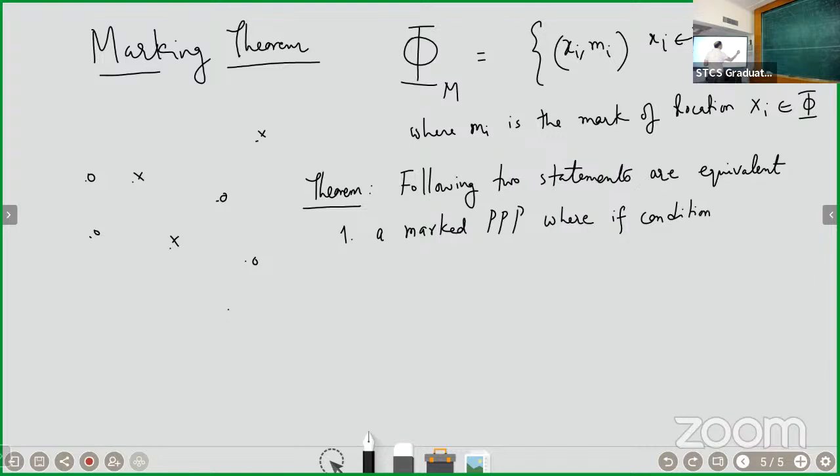Conditioned on the locations, the marks are independent, with distribution M.